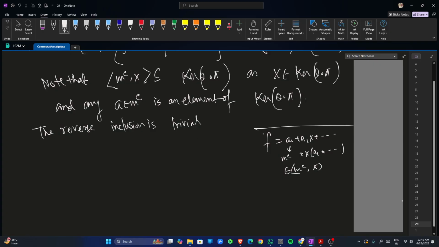It's trivial. This implies kernel of theta compose pi is m contraction comma x.